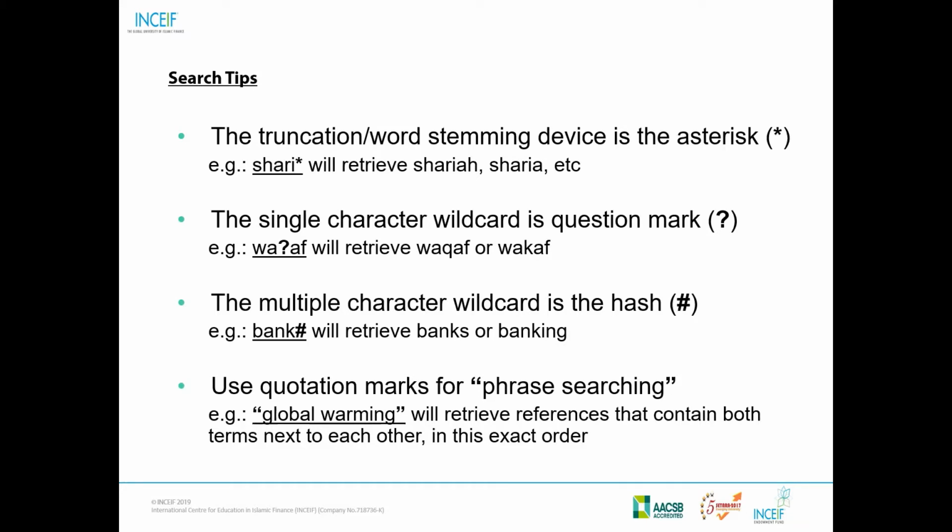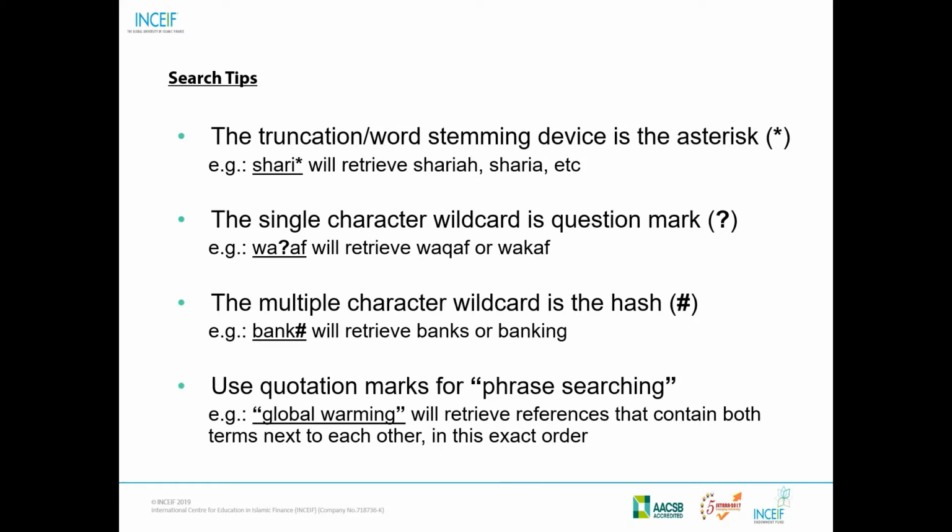So if you want to retrieve both results, either QAF or KAF, you can use this question mark to replace the Q and K. So the search result that you will get is both. You will get the search results from QAF and KAF.